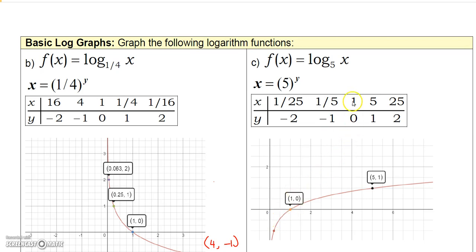And then at 1, 0, when y is 0, x is 1, so you would get this point. And then when y is 1, x is 5, so you get 5, 1. And then when y is 2, x would be 25. So you wouldn't get to y equals 2 until you were way over here somewhere. But you can see it's very similar to the graph of log of x base 2, but it just flattens out a little quicker.